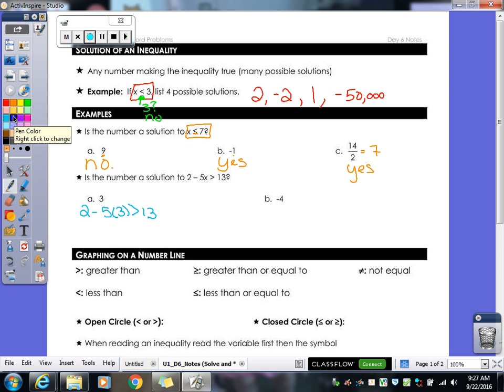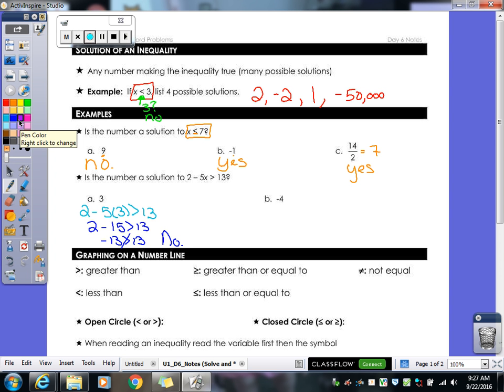So 5 times 3 gives me 15, and 2 minus 15 gives me negative 13. Is negative 13 greater than 13? No. We put a little line through that because that's not true. And we state no. So 3 doesn't work.